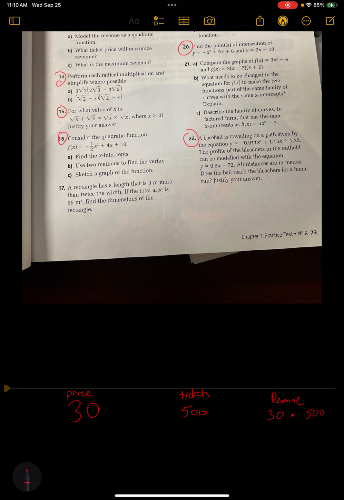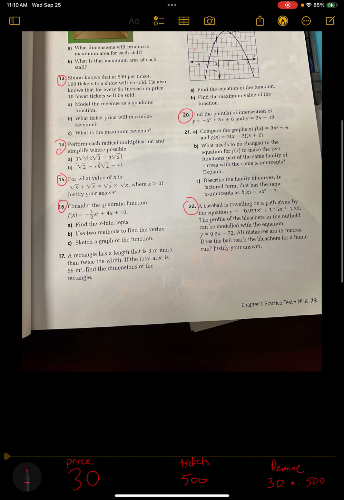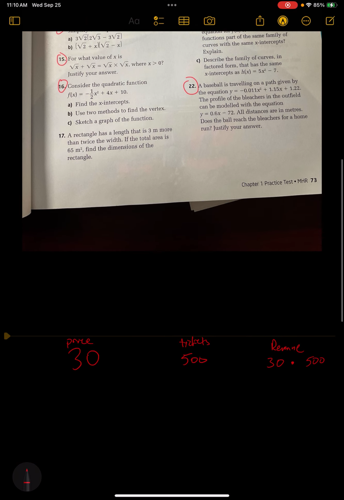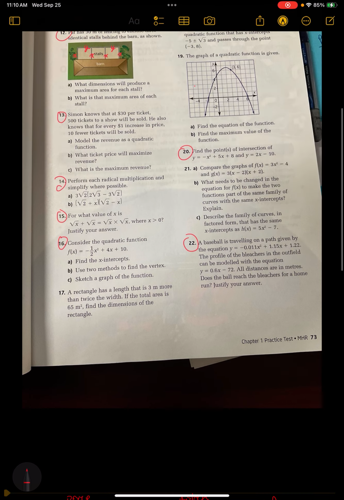Dot means multiplied. Now, the next step is to say, for every $1 increase, 30 plus 1, I will sell how many fewer tickets? 10 fewer tickets, so 500 take away 10. The reason I'm not solving it right away is so we can see a pattern.